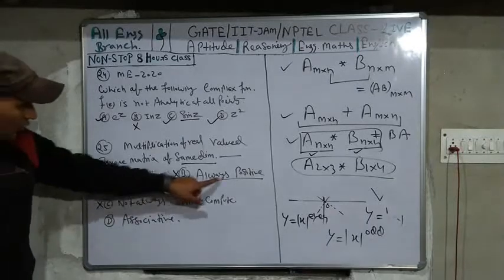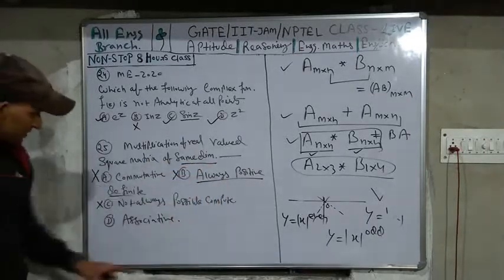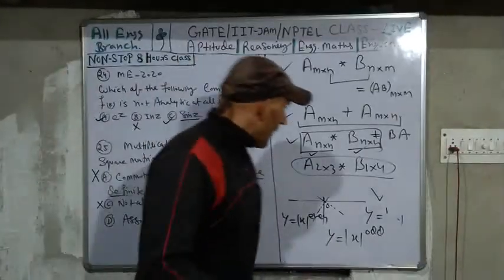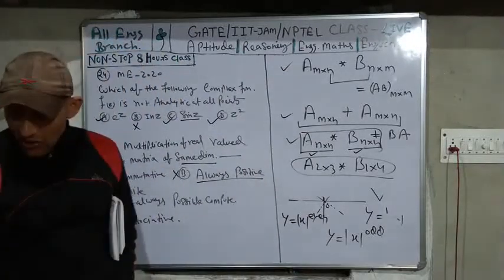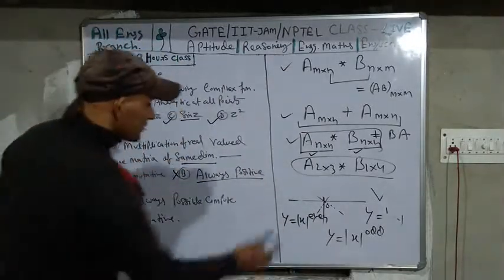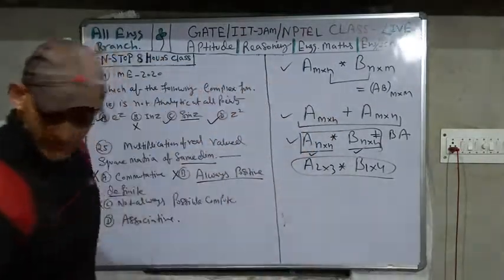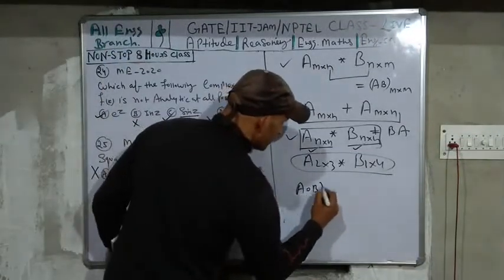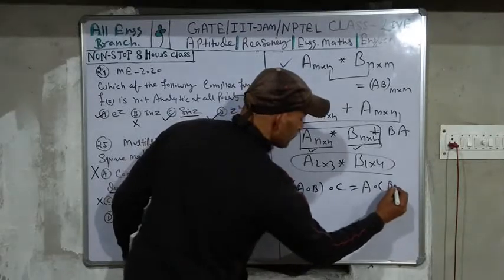Always positive is not necessary, commutative is not necessary, and associative, yes. If you have matrices A, B, C, what is the meaning of associative? Associative means (A operation B) operation C is equal to A operation (B operation C).